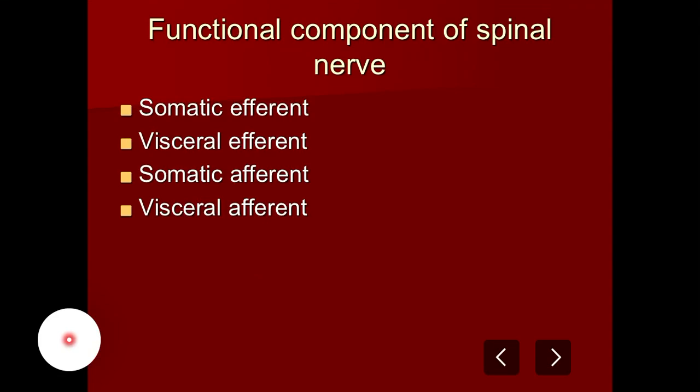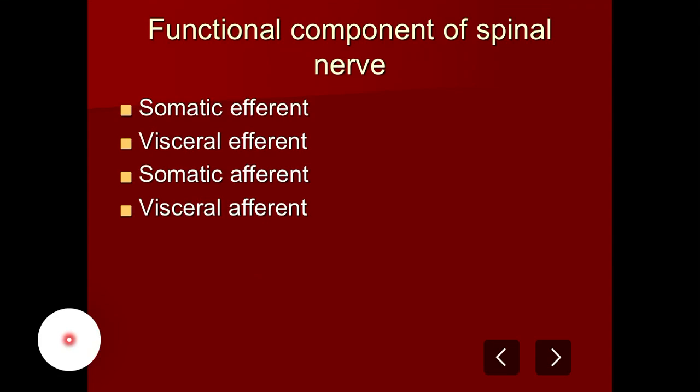Think of the functions that a spinal nerve does. It has got an afferent pathway, or afferent fibers, and an efferent pathway. Afferent means sensory fibers. Efferent means motor fibers. So for a spinal nerve, there are two types of motor fibers.